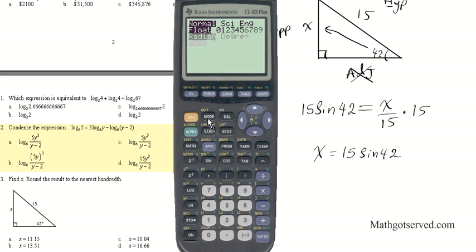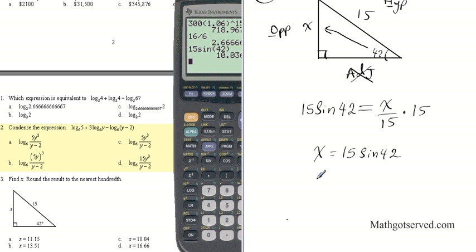We have to make sure our mode is in degree form first, or else we're going to have an error. So it's already in degrees, so I'm going to do 15 sine 42, and the answer is 10.0261, or 10.04. So the answer to number 13 is basically x equals 10.04, which is option letter C.